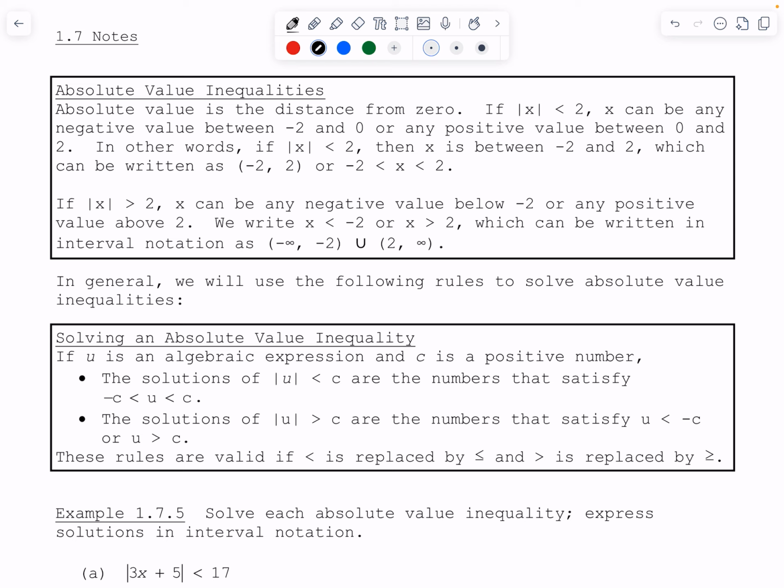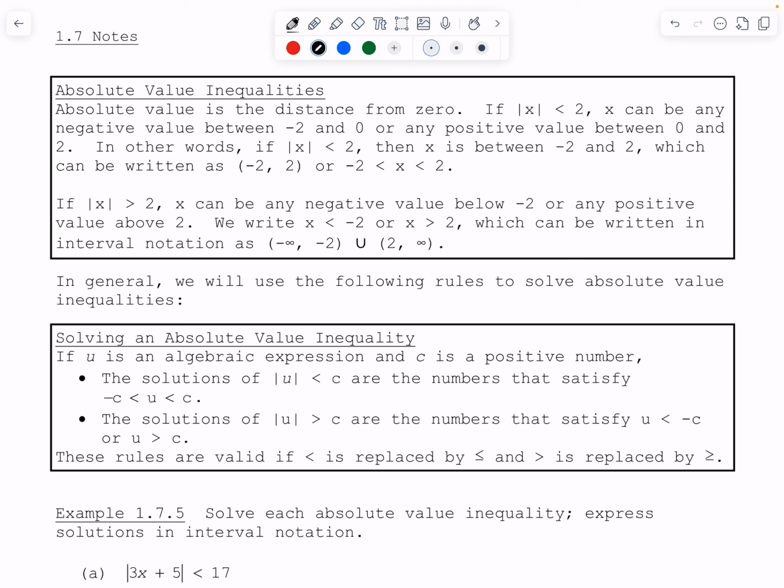In other words, if the absolute value of x is less than 2, then x is between -2 and 2, which can be written in interval notation as -2 to 2, but not including those endpoints. Or I can write it as -2 is less than x, which is less than 2. Now, that works for when the absolute value of x is less than 2.